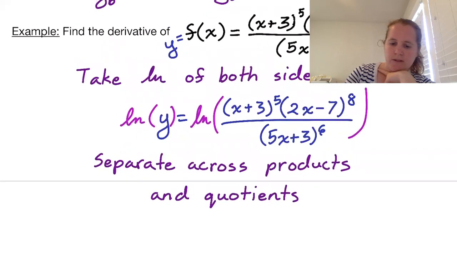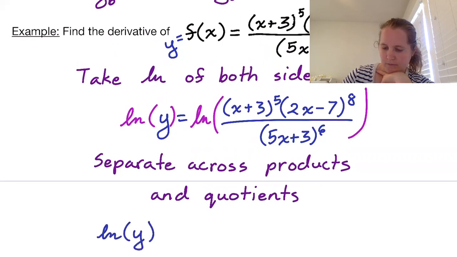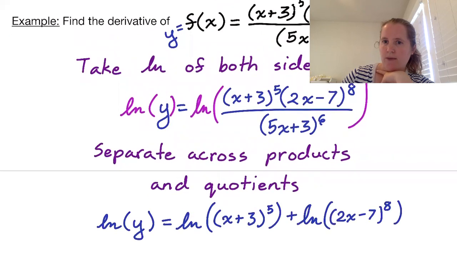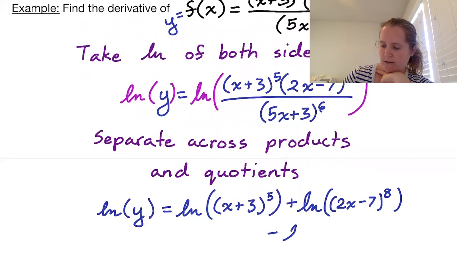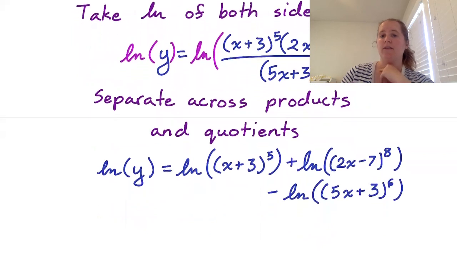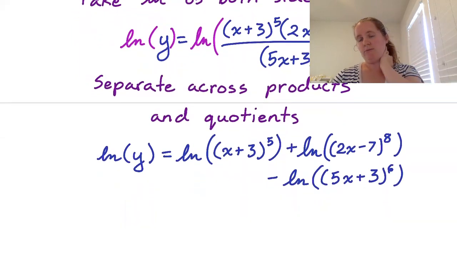So the natural log of y is equal to the natural log of (x plus 3) to the 5th plus the natural log of (2x minus 7) to the 8th minus the natural log of (5x plus 3) to the 6th. Again, that's using the fact that a product becomes addition and division becomes subtraction.